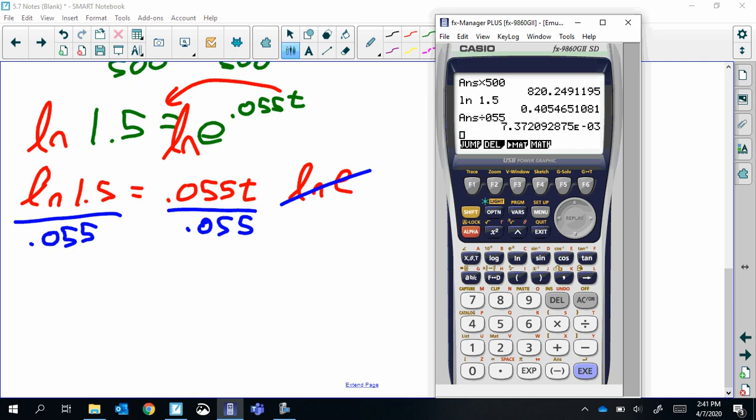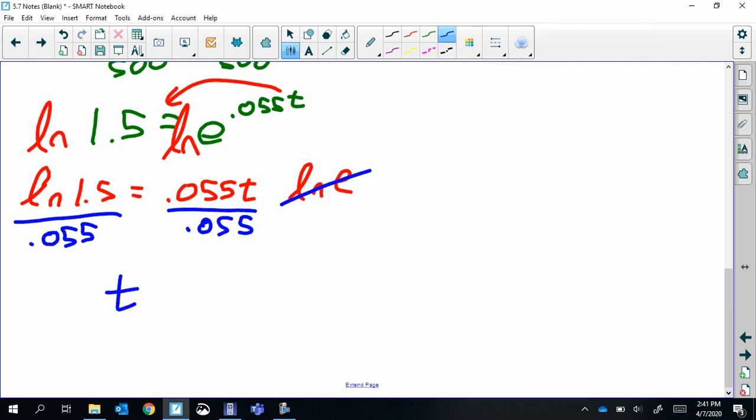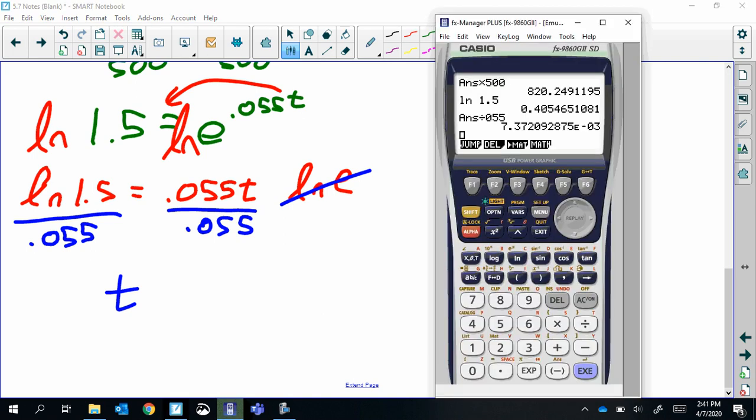So this is giving our answer in scientific notation. That doesn't seem right, because I didn't get the decimal in there. .055.